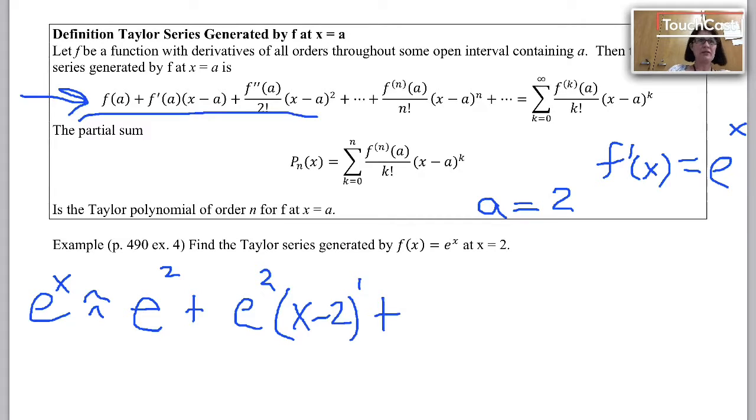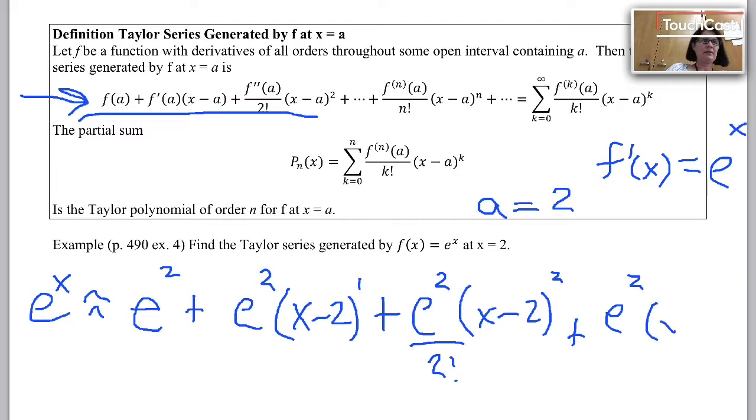Plus the second derivative of f is also e to the x, and I'm going to evaluate that at a to get e squared times x minus 2, I know a is 2, squared. That gets divided by 2 factorial, plus e squared again, x minus 2 cubed all over 3 factorial, plus dot dot dot.